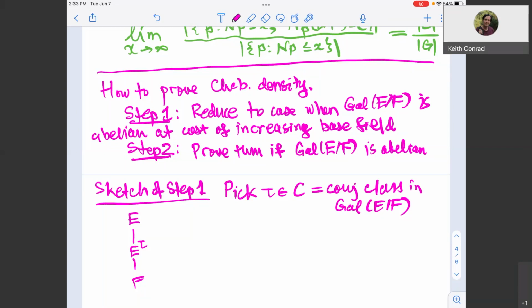You take one element, just go with it, and you get an intermediate field. The elements that are fixed by this choice of tau might not be fixed by conjugates of tau. And so in the Galois correspondence, the subgroup that fixes the things that tau fixes is just the powers of tau. That's the power of Galois theory. And the nice thing here is that we have a new intermediate field. I'm going to call it F prime, because it's going to play the role of a new base field.